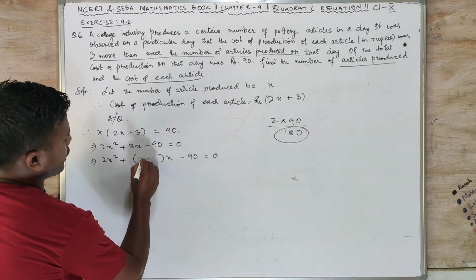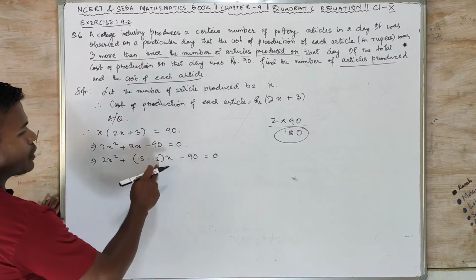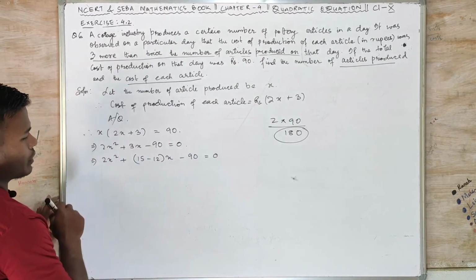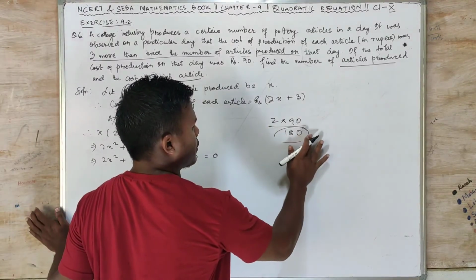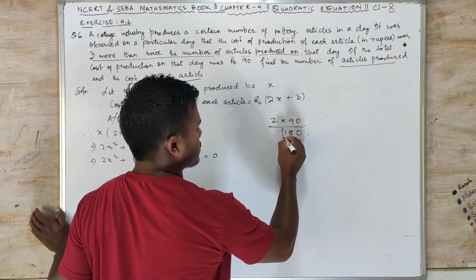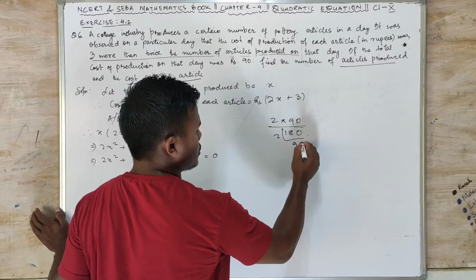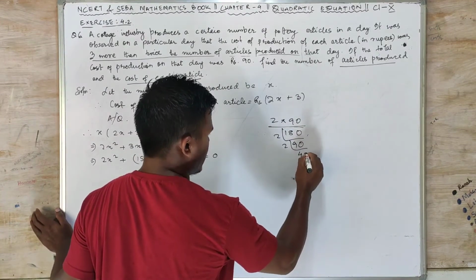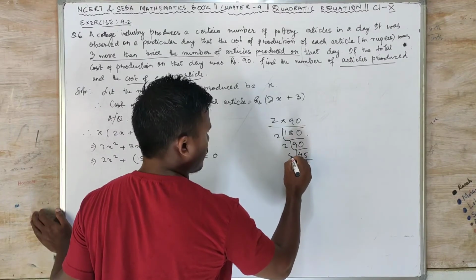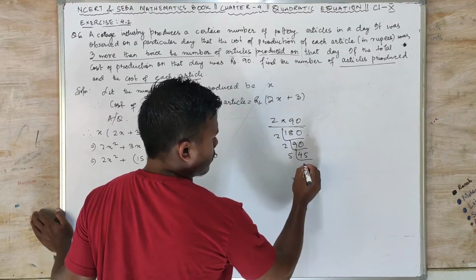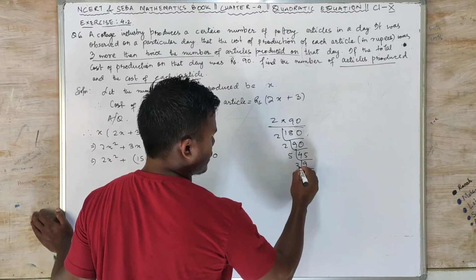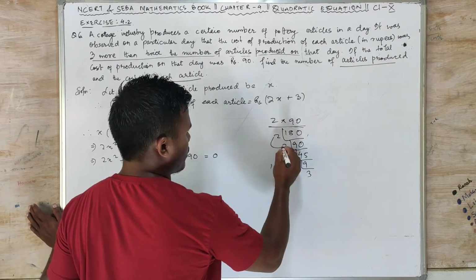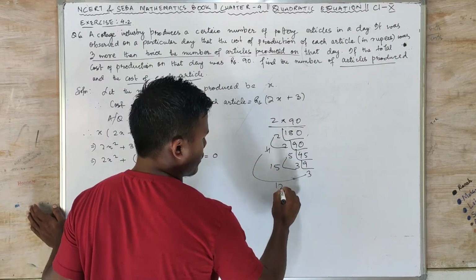If you take 15 and 12, 15 into 12 will be 180, and then 15 minus 12 is 3. How do you get this number? We have done it many times in the previous classes. 2 nines are 18, and then 2 45 times, and then 5 9 times, and you can also write it 3 times. 5 3s are 15. 2 2s are 4, 4 into 3 will be 12, like this.